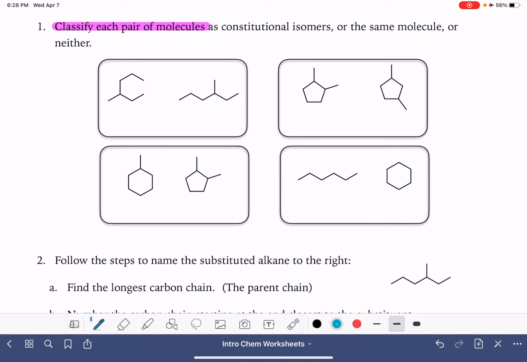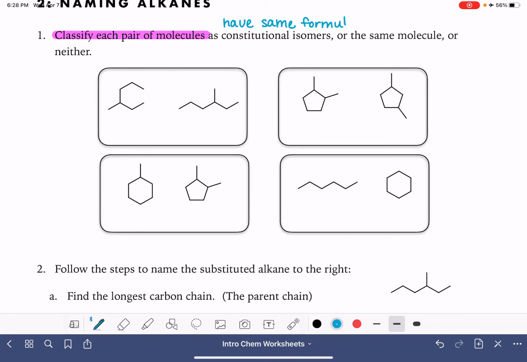As a reminder, constitutional isomers are two molecules that have the same molecular formula. So this means that they have the same number of carbon atoms, they have the same number of hydrogen atoms, and any other atoms that might be present. They have the exact same number of all of the different types of atoms, but the atoms are put together in some sort of different order.